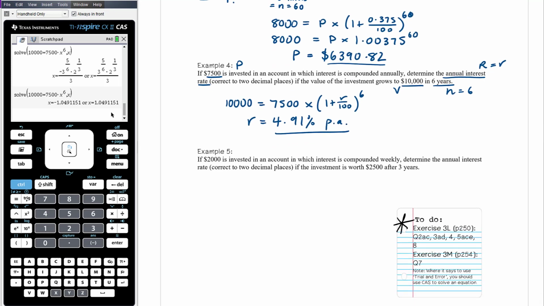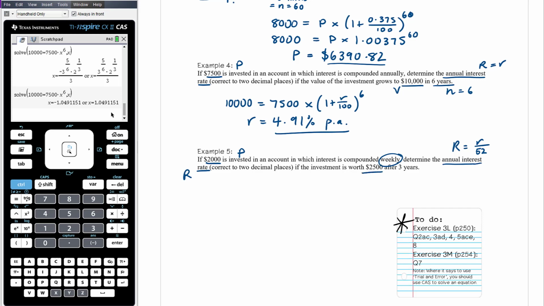Alright, last example. If $2,000 is invested, so that's our principal amount, in an account in which interest is compounded weekly, let's be careful about that, determine the annual interest rate. So again, we want to know what capital R is. Because we are compounding weekly, there's 52 weeks in a year, so capital R is lowercase r divided by 52. I'm just going to focus on working out lowercase r first, and then we'll work out what that means for the annual interest rate.